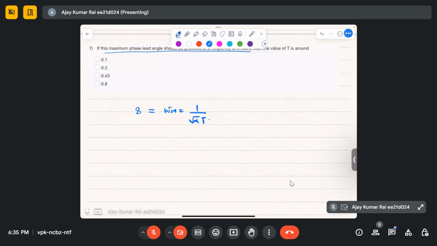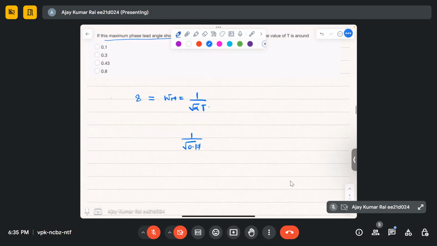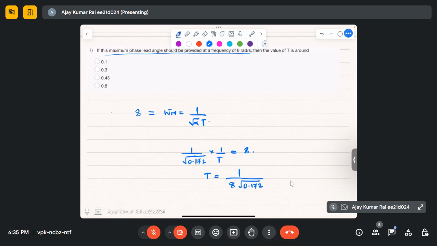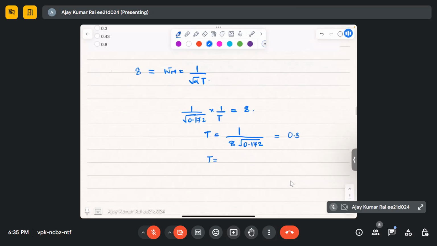So this is root of 0.172 into 1 by T is equal to 8. Just find out the value of 1 by 8 into root of 0.172. So you're getting 0.3. I hope everyone is getting 0.3.